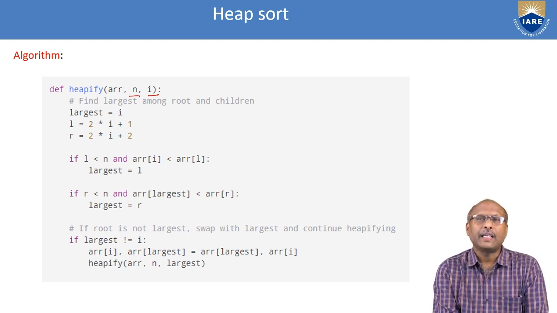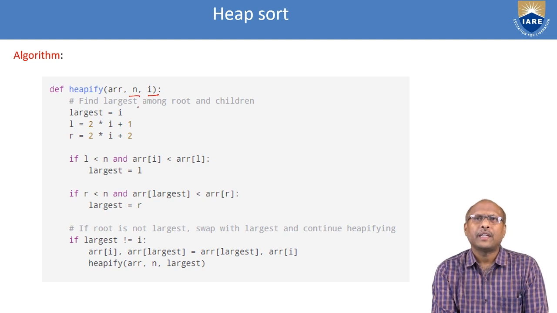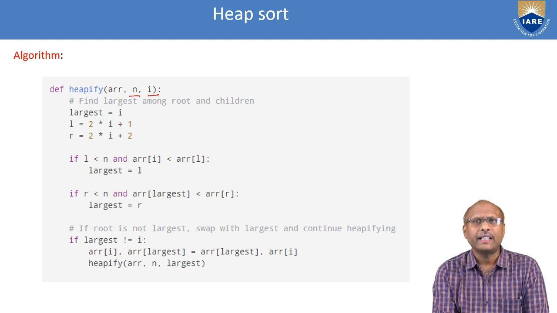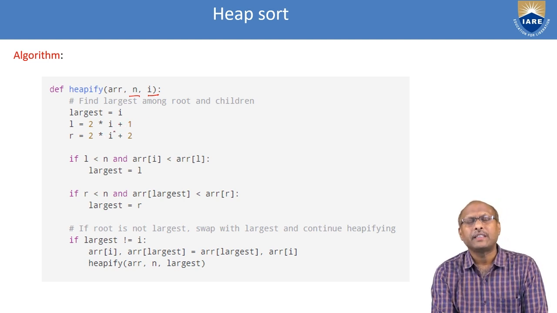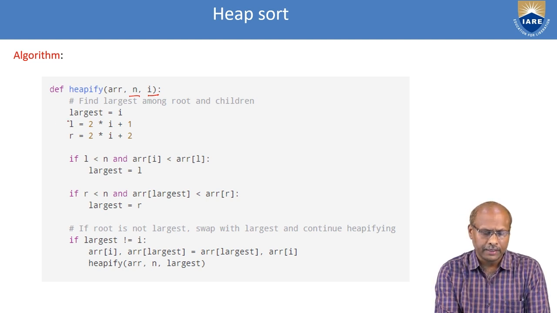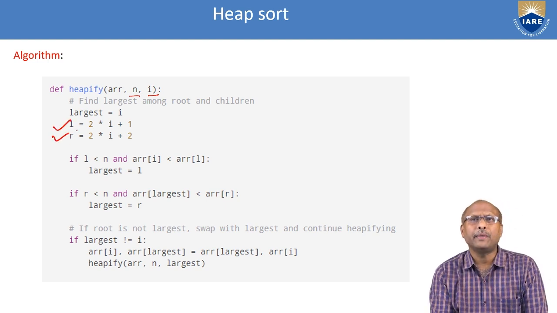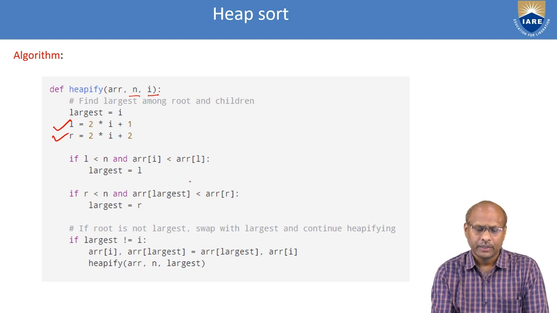Now I know the index of the element. I am passing i, largest equal to i, because i is the root element. After knowing the root, you can find the left index as well as the right index. L will be 2 into i plus 1 and R will be 2 into i plus 2.